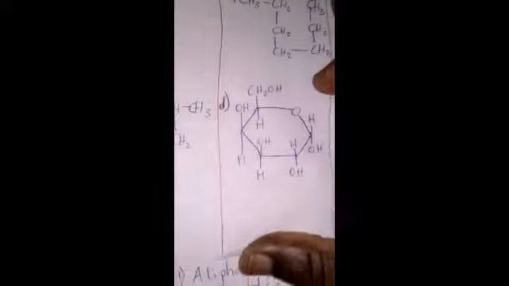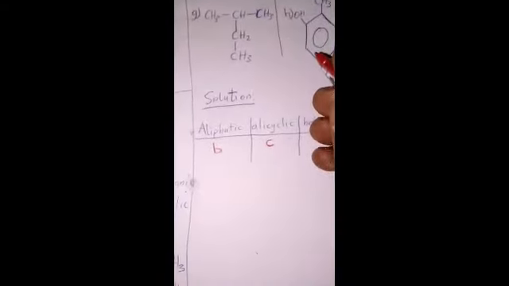When we look at the definition of heterocyclic, that includes other atoms such as oxygen, nitrogen, or sulfur. So the D over there can be classified under heterocyclic. So D is a heterocyclic compound.